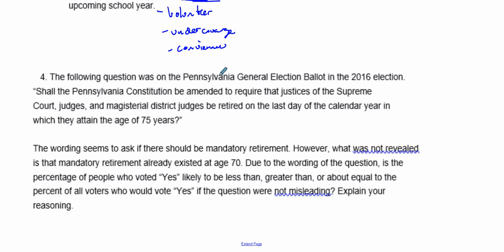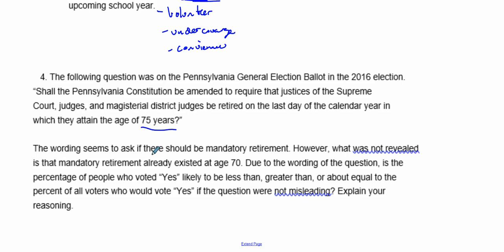The following question was on the Pennsylvania general election ballot in the 2016 election. Shall the Pennsylvania Constitution be amended to require that justices of the Supreme Court, judges, and magistrate district judges be retired on the last day of the calendar year in which they attain the age of 75 years? This is for on-the-ballot elections.